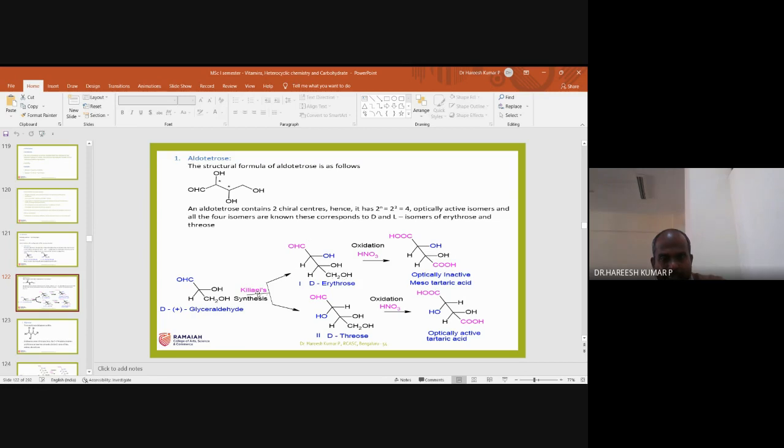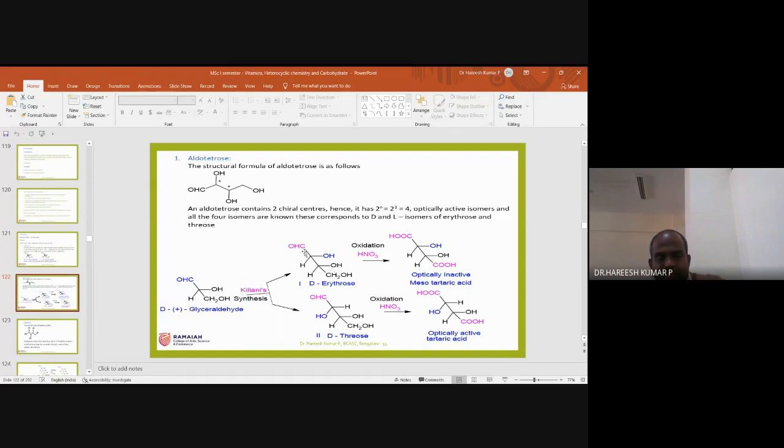And from here to here, 1 carbon is more. This aldehyde CHO is converted into OH. And this CHO is newly introduced by Kiliani synthesis.